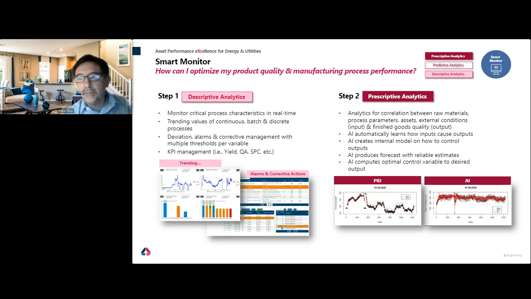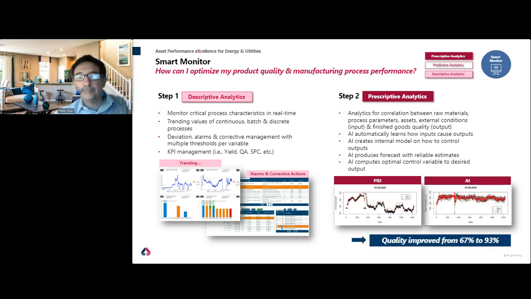And the goal is optimizing the output, so optimizing the quality of the product that I'm producing. So in our plant today, in certain cases, there is a lot of experience in the human, in the operators that know this kind of correlation. Here we are really using technology to support the decision process and also optimizing in time, in performance, and so on. So this is more focused, again, around the quality aspect of my production.